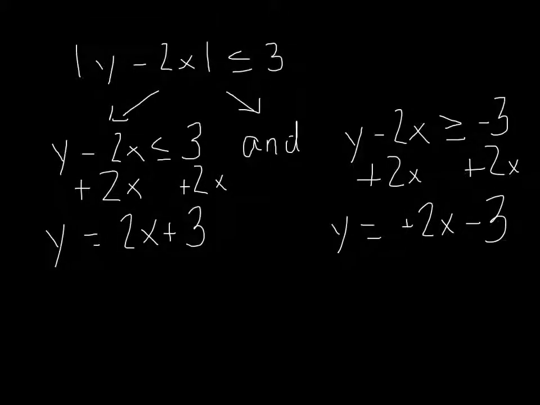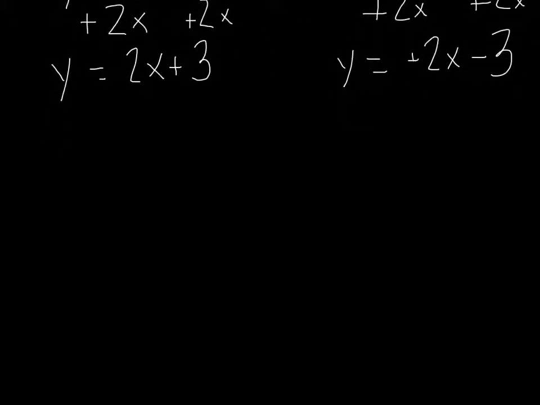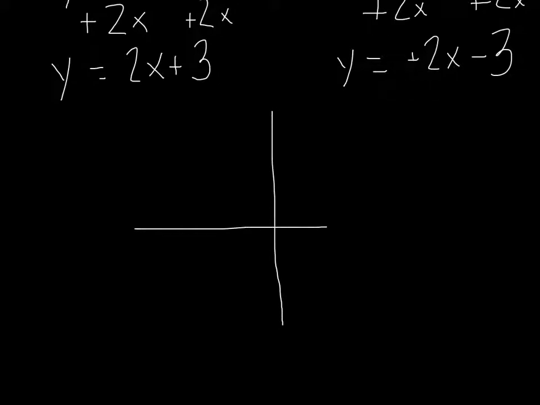So we will scoot the screen up a little bit here, and we're going to graph these boundary lines. So the first boundary line has a y-intercept of 3 and has a slope of 2 over 1. So we rise 2, run 1, put a dot, rise 2, run 1, put a dot.